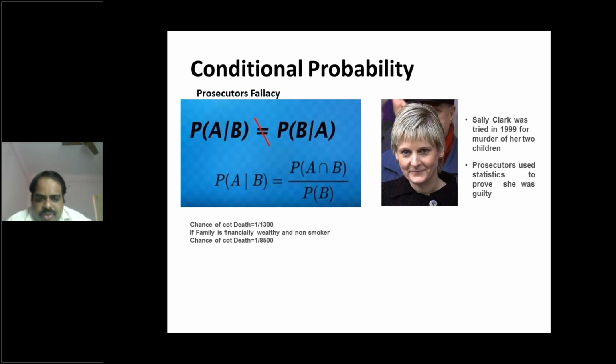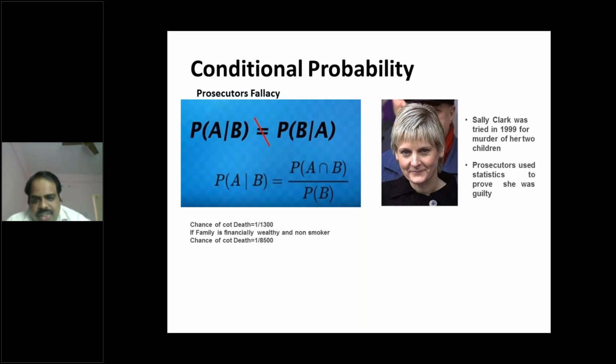How this happened was, her two children, first one and the second one, both died in bed. This is called cot death. The children die while sleeping without any reason, and nobody is able to tell what actually happened. Her first child died of cot death, and nobody was able to give the proper reason.